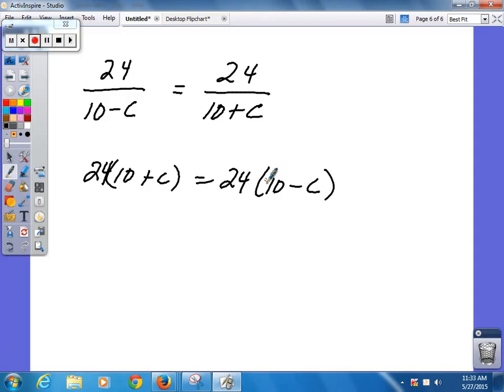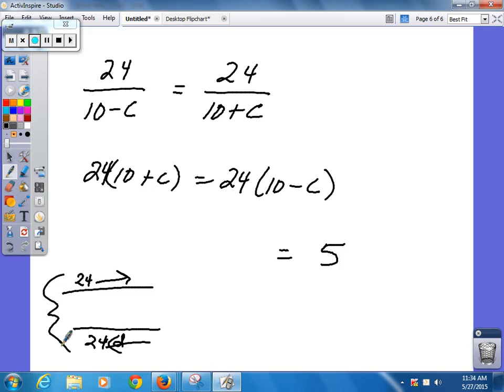Unfreeze it, please. What can you do with these two guys and have it equal to 5? Think about what these two are doing to each other. If you go 24 upstream and you go 24 downstream and it takes you 5 hours to do both, what are you going to do to these two guys?